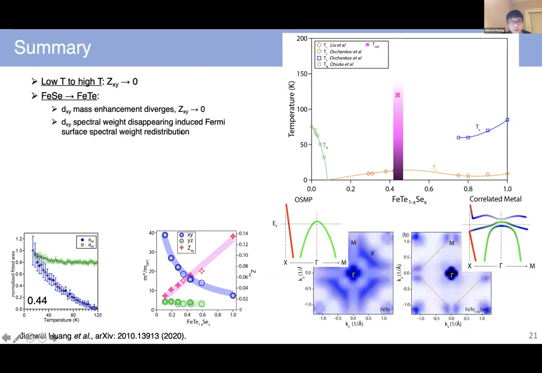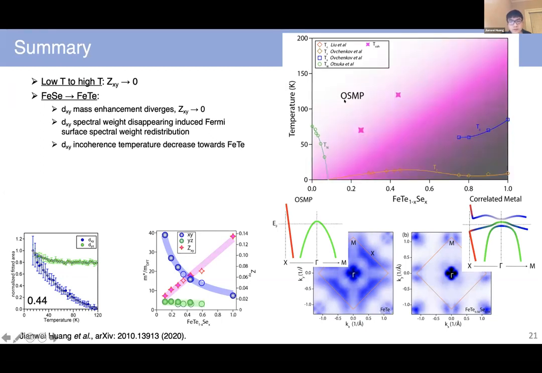Then we find a redistribution of the Fermi surface spectral weight, which is very likely induced by this incoherence of this dxy orbital. Third, we find that the dxy incoherence temperature decreased towards this iron tellurium end. So we draw this conclusion that our iron tellurium is in proximity to the OSMP ground state.